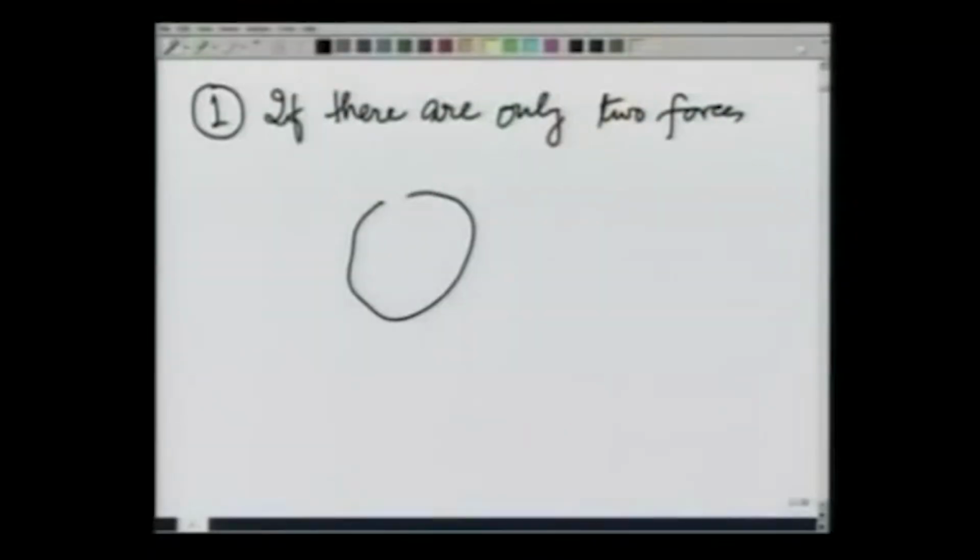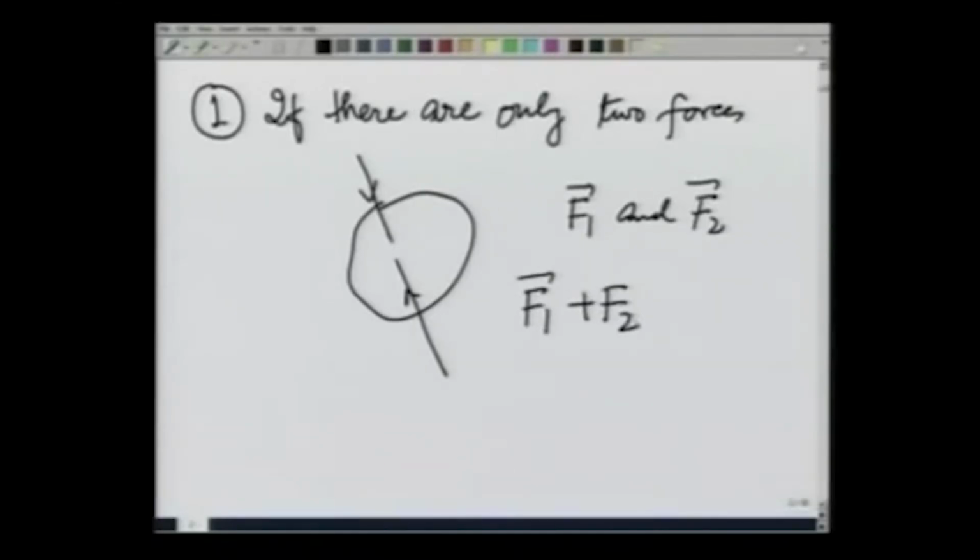If a body is in equilibrium under two forces, F1 and F2, then for the body to be in equilibrium, the forces must be collinear and opposite, so that F1 plus F2 is equal to 0. If they are collinear, then about any point the torque also vanishes if they are equal. So, this is the condition for equilibrium.